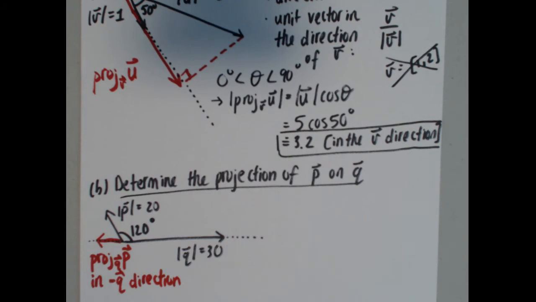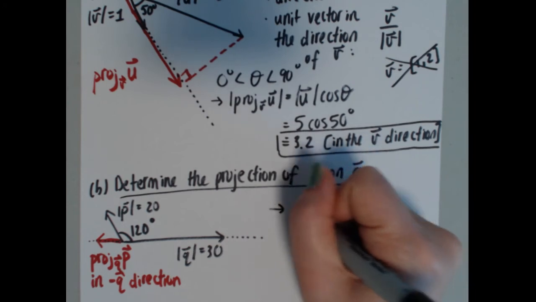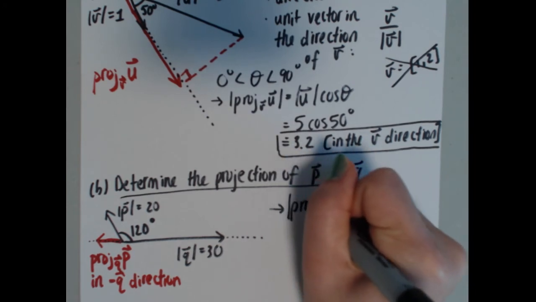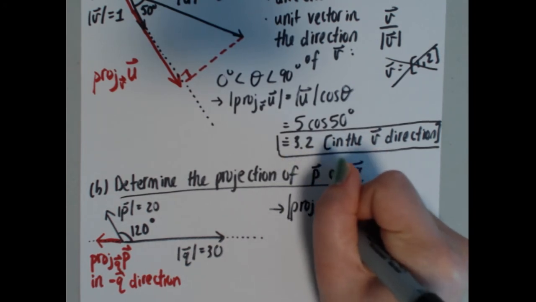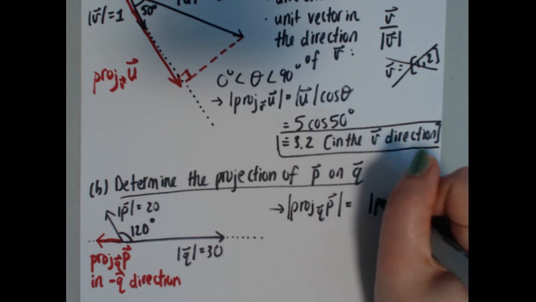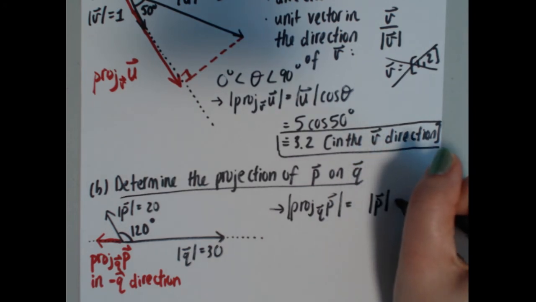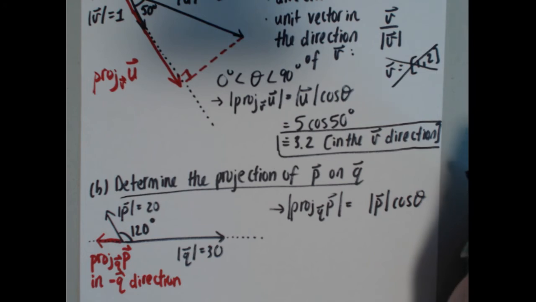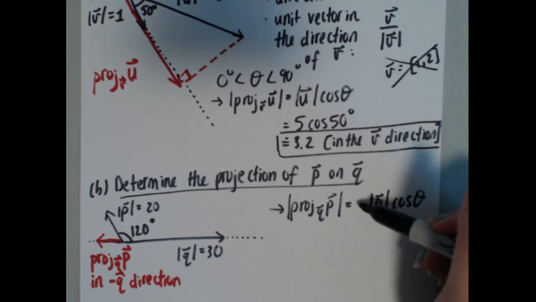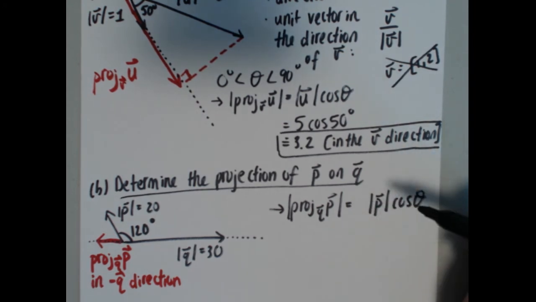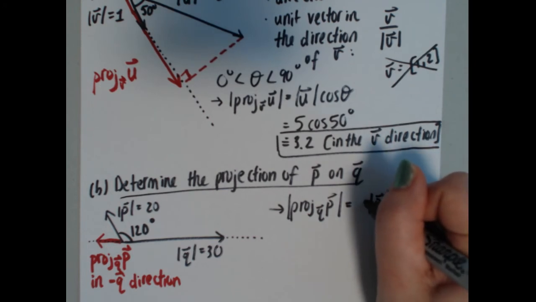Now let's figure out what the projection is. So the projection magnitude of P onto Q is equal to the magnitude of P times cosine of theta. Now, you'll probably notice that I left a bit of a space here, and the reason for that is because I'm going to stick in a minus sign.